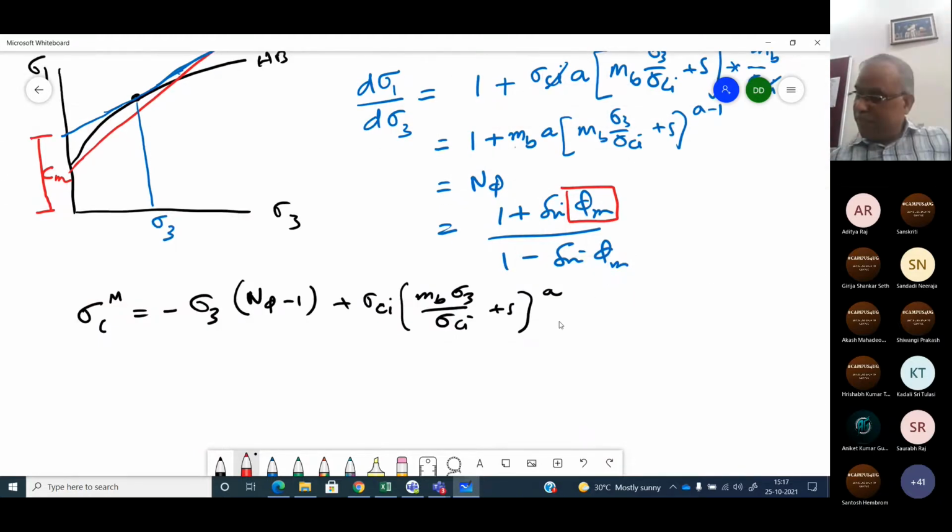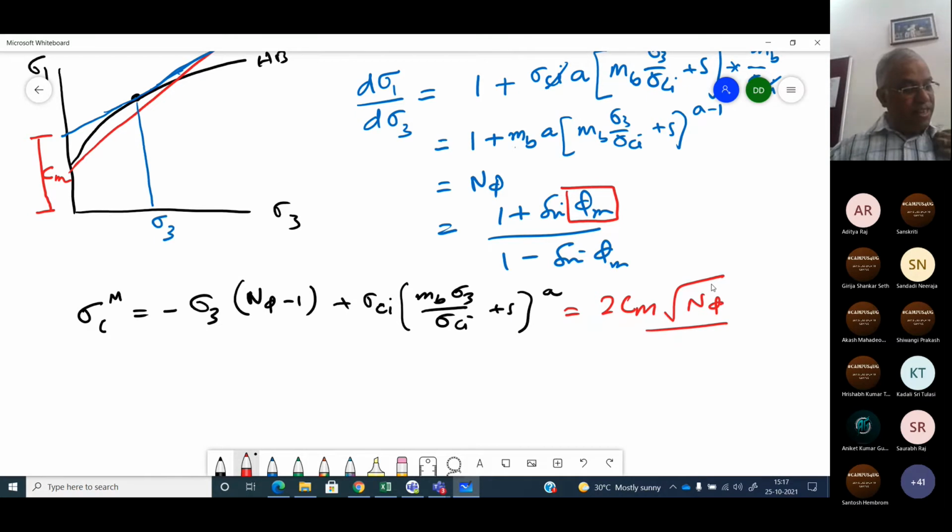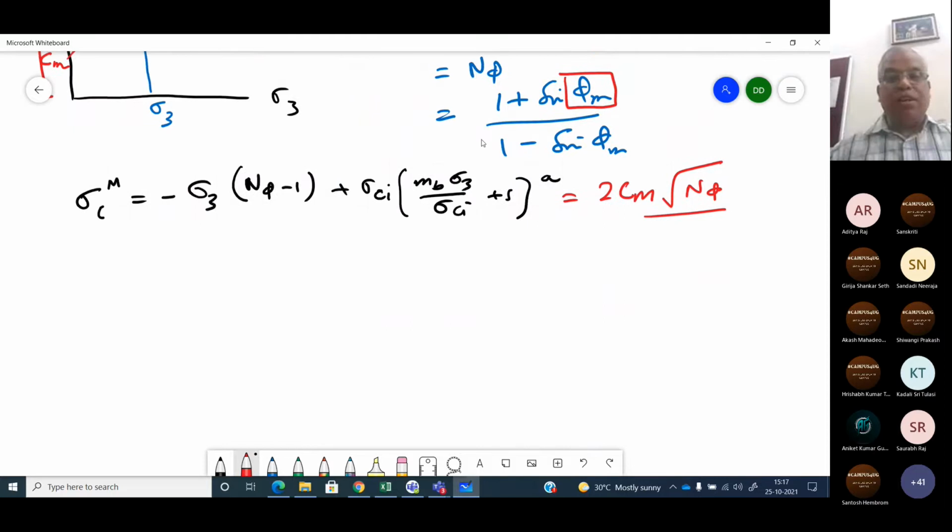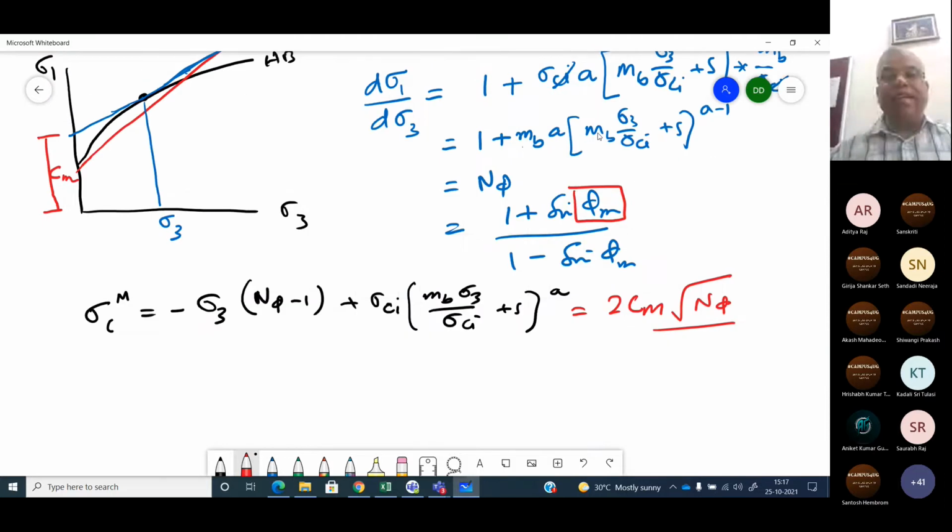So this sigma Cm is nothing but 2 Cm square root of n phi. So from here, you will be able to directly find out Cm, and the angle you can directly find from here. So Cm and phi m can be obtained, but the only thing is you have to give a sigma 3.